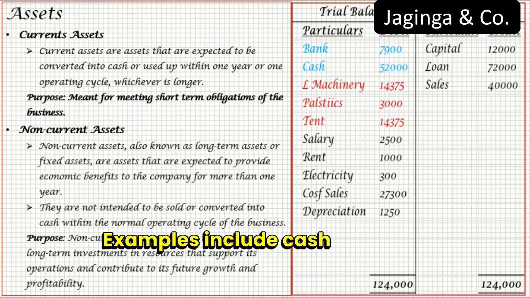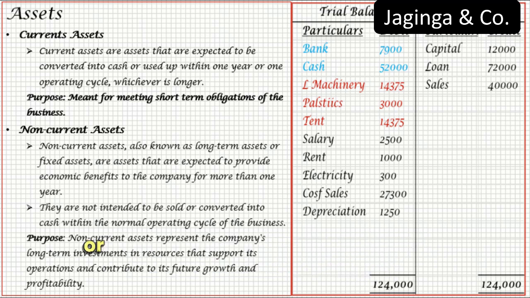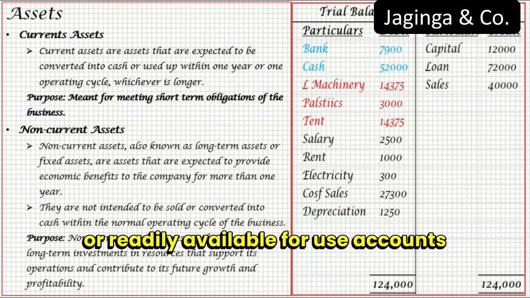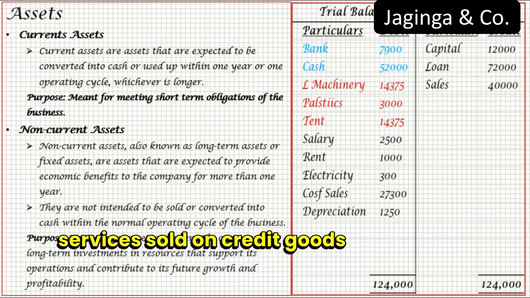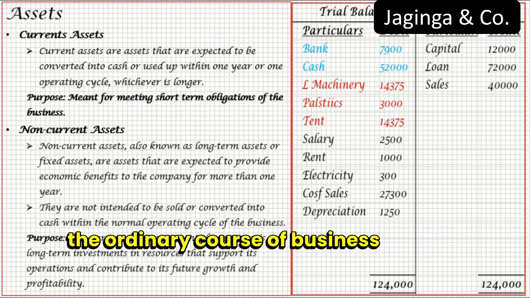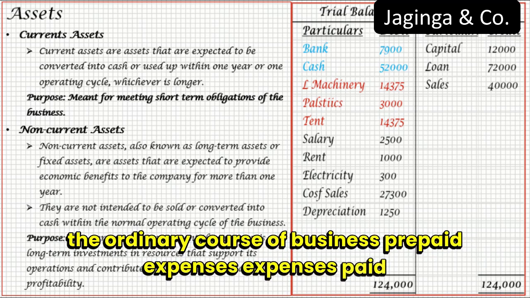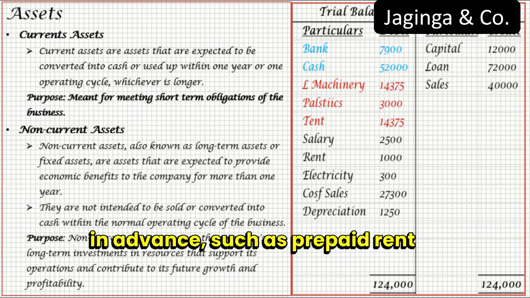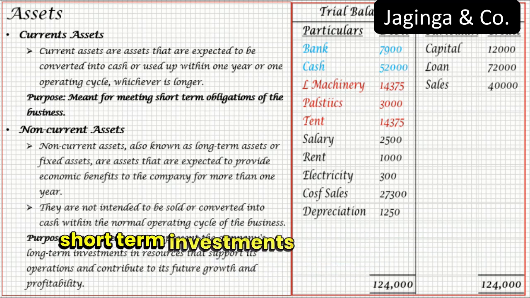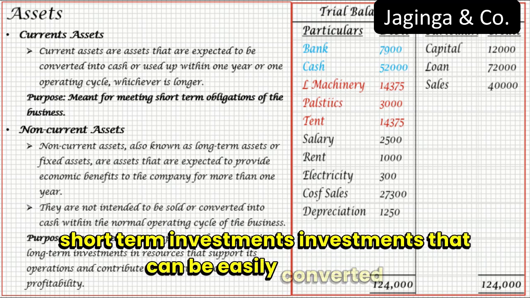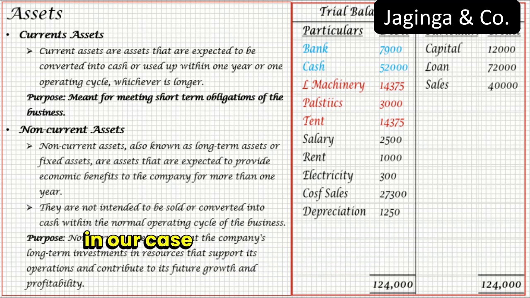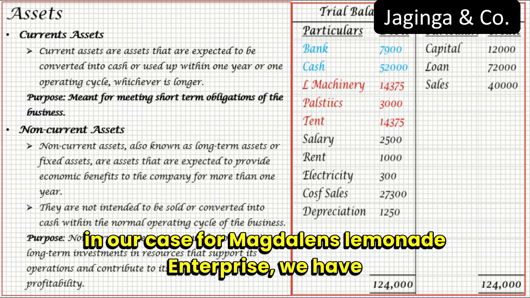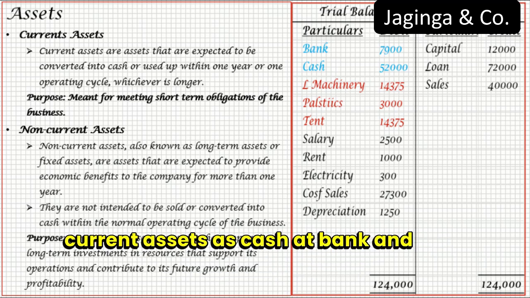Examples include cash and cash equivalents, money in hand or readily available for use, accounts receivable, money owed to the company by its customers for goods or services sold on credit, inventory, goods held for sale in the ordinary course of business, prepaid expenses, expenses paid in advance, such as prepaid rent or insurance premiums, short-term investments, investments that can be easily converted into cash within 1 year, such as marketable securities.